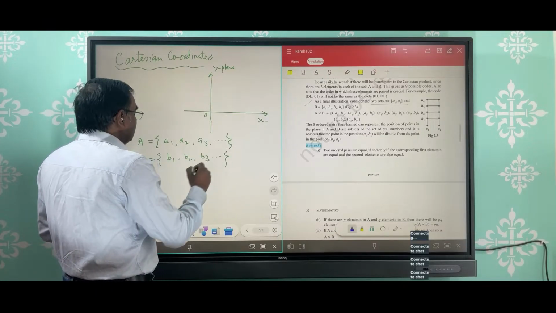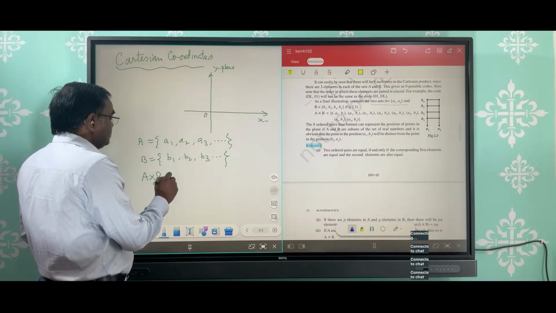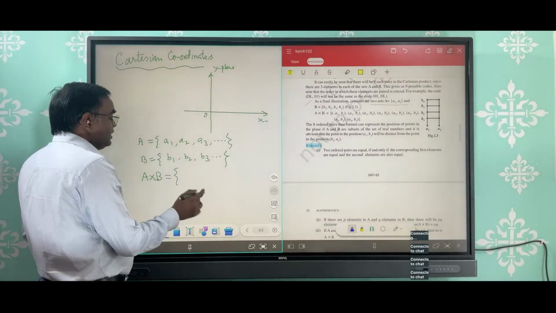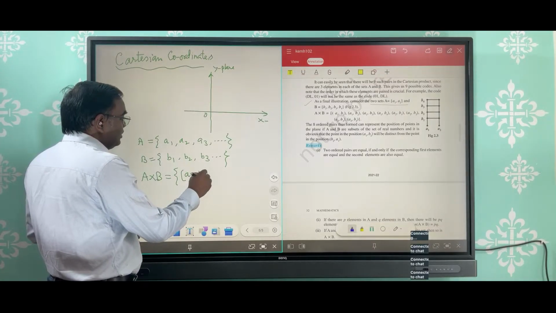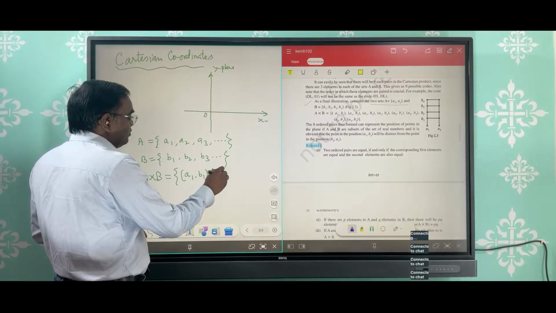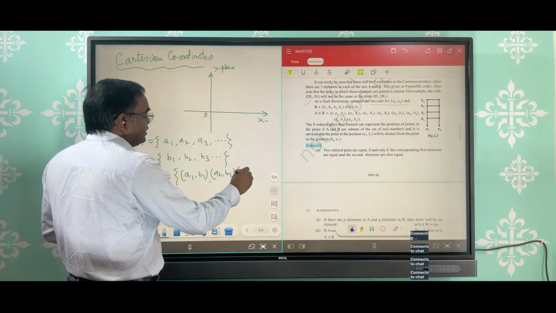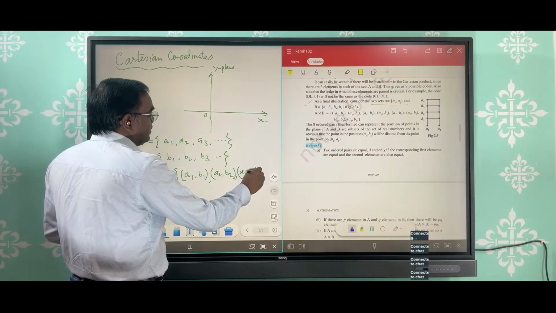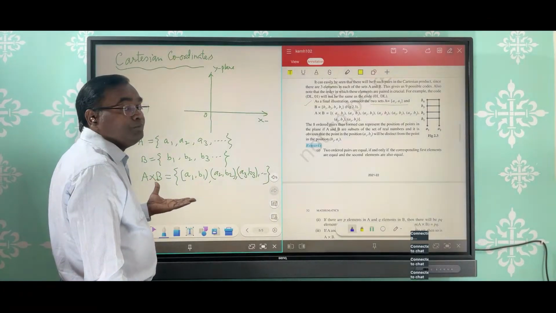If you find the cross product of these two sets, you will get the set of ordered pairs A1 B1, A2 B2, A3 B3. See, this is the beauty of mathematics.